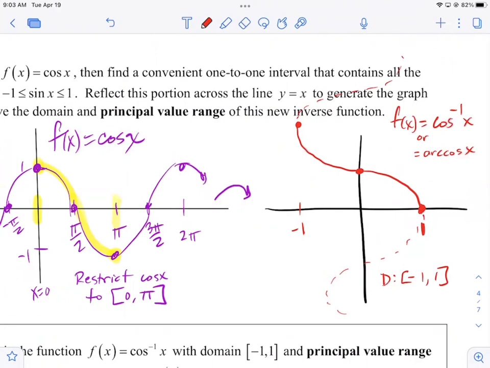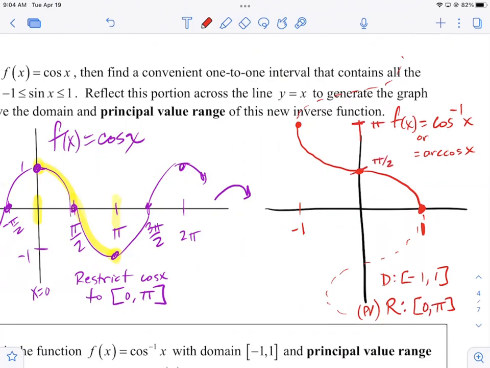What a funny joke. But the range, which I sometimes call the PV range, principal value range, because we already said there could be others. This is the one that everyone that does math agrees upon. It's the way your calculator is programmed. Your principal value range is not negative pi halves to pi halves, but 0 to pi. So up here, you can call this pi, and this would be pi halves.